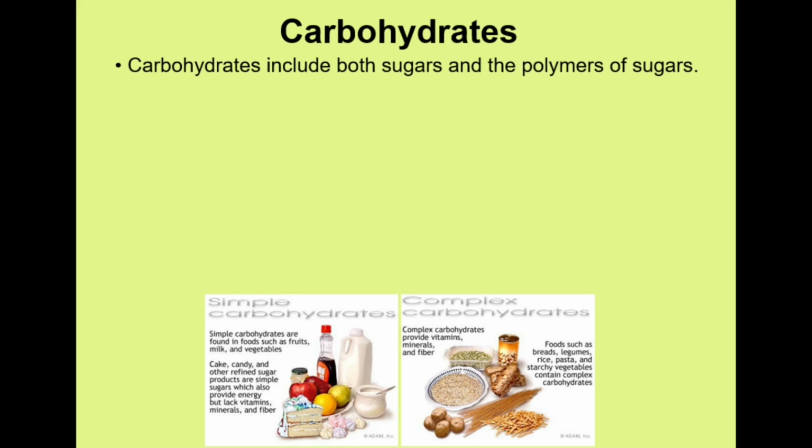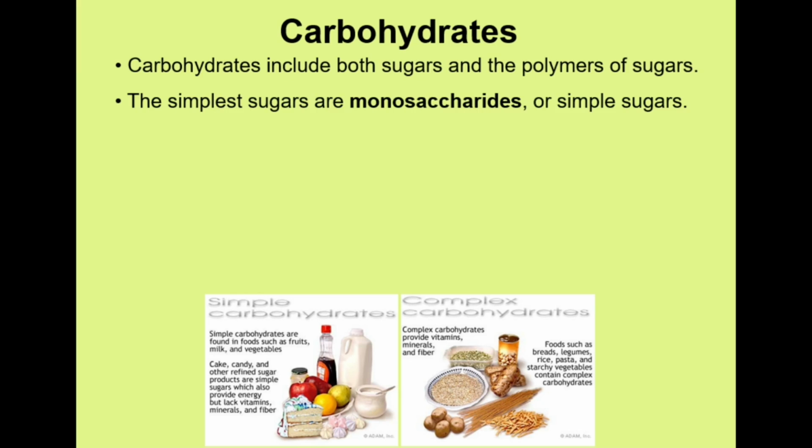If we take something like glucose, which is a small carbohydrate, a monosaccharide, and join lots and lots of glucoses together, lots and lots of monomers, we can make a polymer, or a polysaccharide, and we get things like starch and cellulose. So we get not just the sugars, we also get the polymers of sugars.